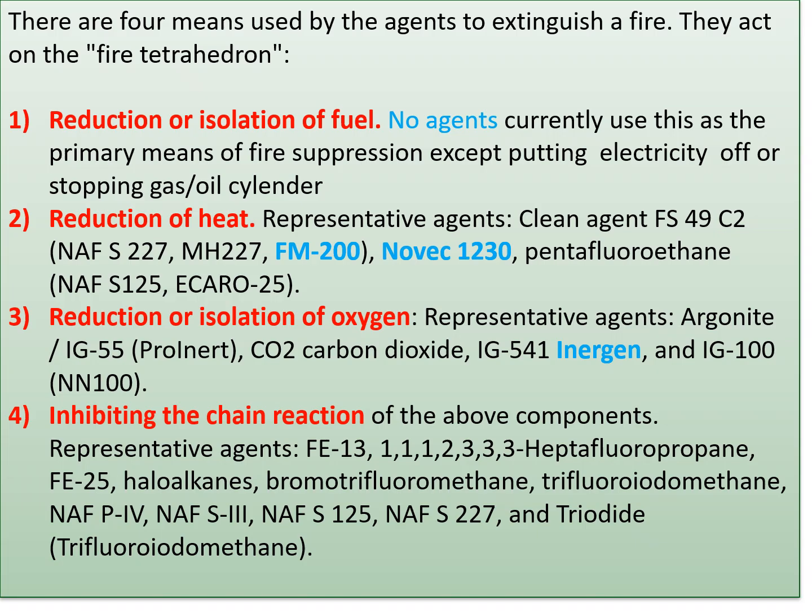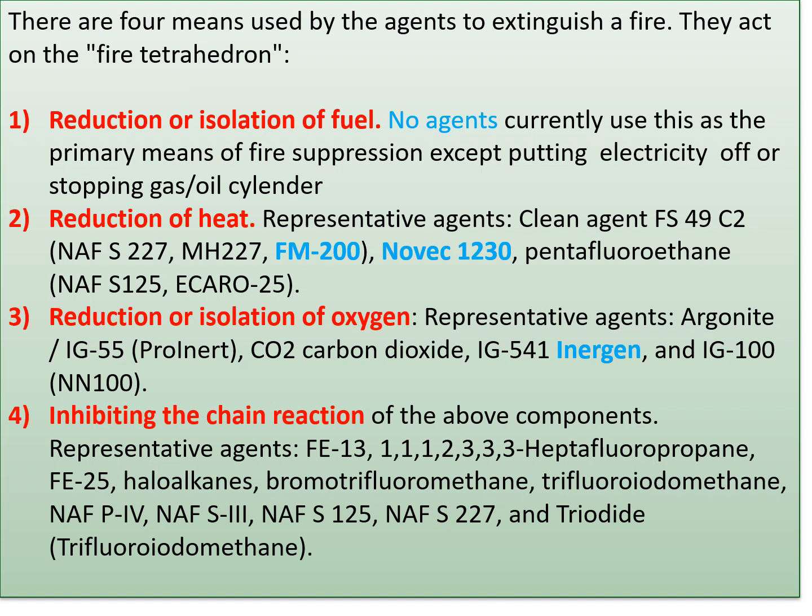The second one of the fire tetrahedron is reduction of heat. Representative agents are clean agent FS 49C2, popularly known as FM200, and Novec 1230, and many more.